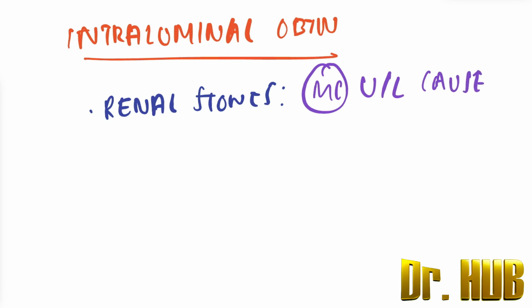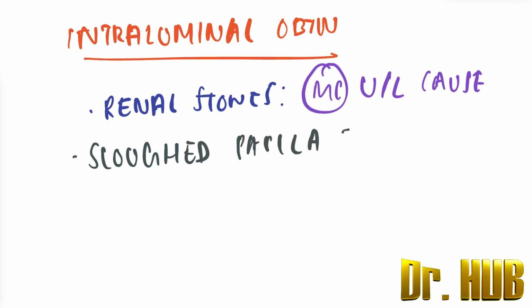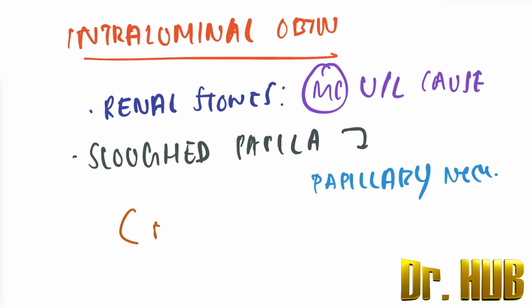And there is a sloughed papilla, and this is in terms of papillary necrosis, especially in patients with diabetes, analgesic abuse as well as sickle cell disease.